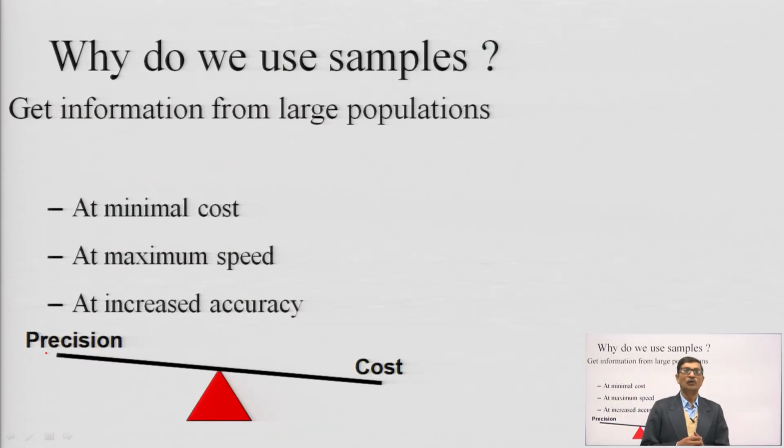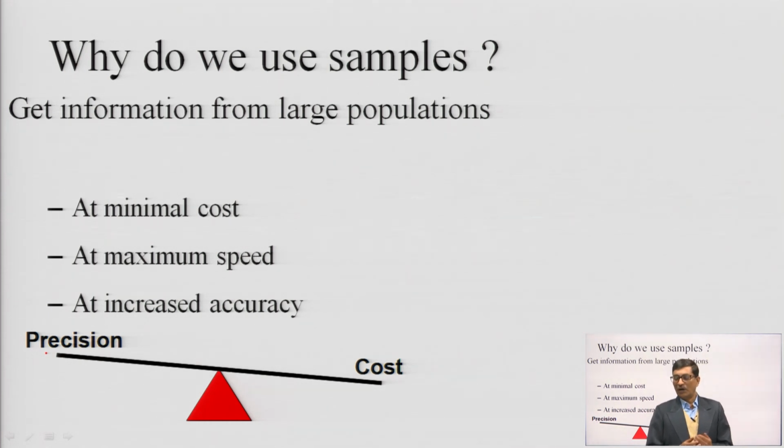Why do we use samples? We draw the sample to get information from a large population at minimum cost and maximum speed, that means to complete our task in minimum time and to increase the accuracy.